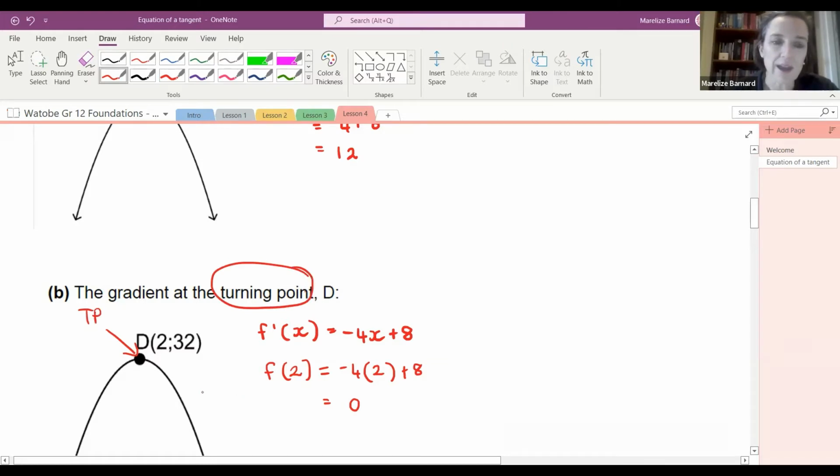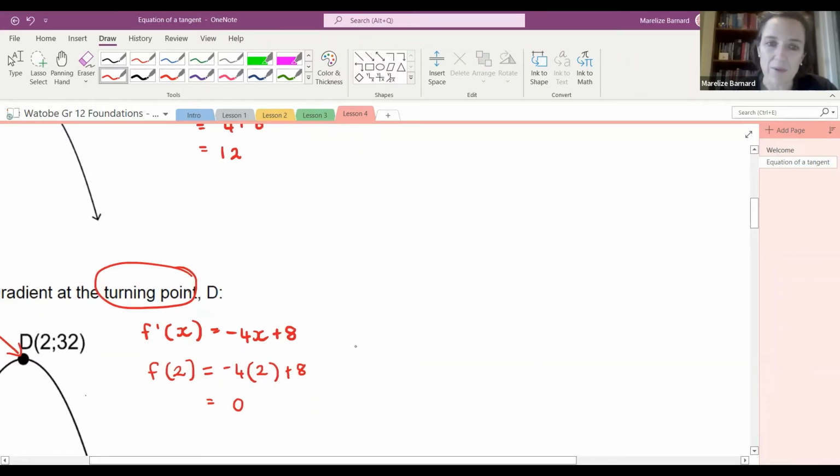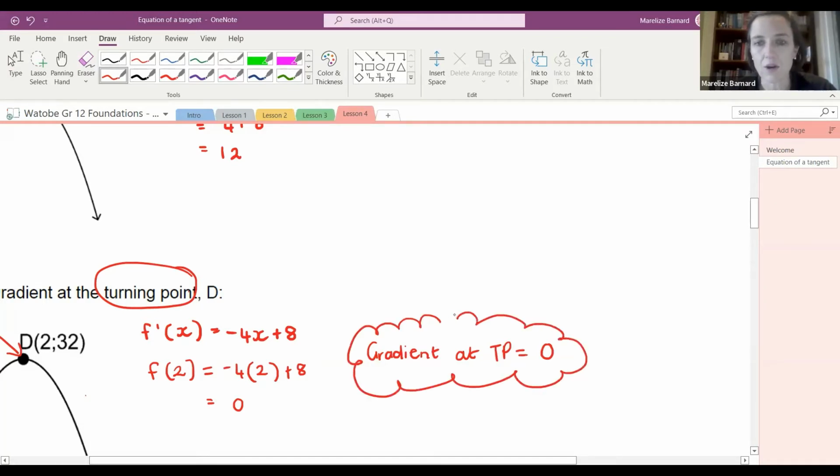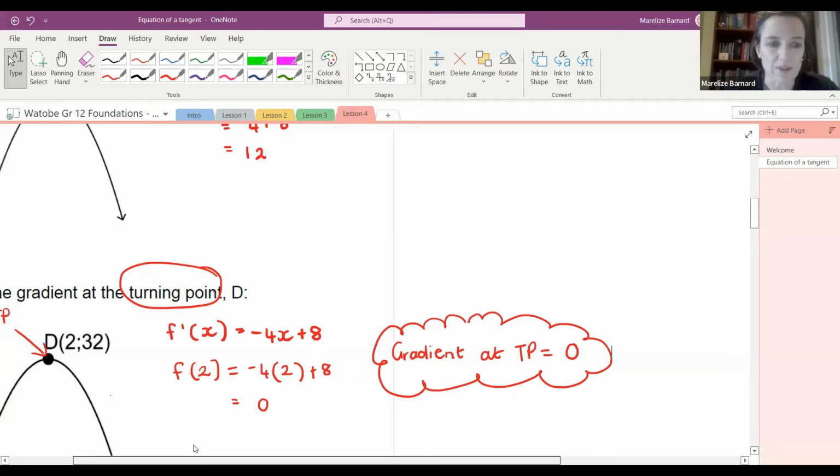So we know that the gradient at the turning point is always going to be 0. That is important. Maybe write that down. The gradient at the turning point is always equal to 0 because you are going to need that for cubic graph sketching and for finding the equation of a cubic graph. For any graph that has a turning point, like the parabola and the cubic, that's always the case.